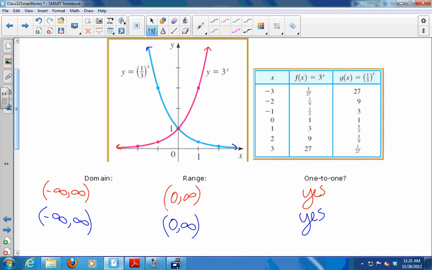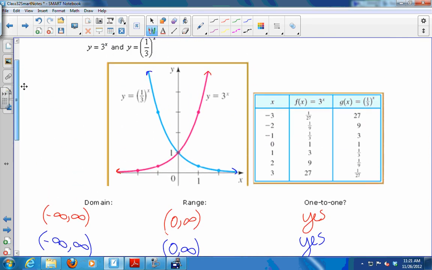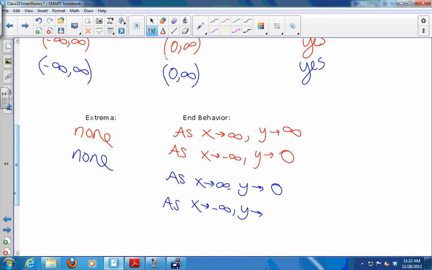Where are my y's going? Say it out loud. 0. Thank you. Y's are going to 0. And then as my x's approach negative infinity, as I move to the left, what's happening to the y values of my graph? Towards infinity. Thanks.